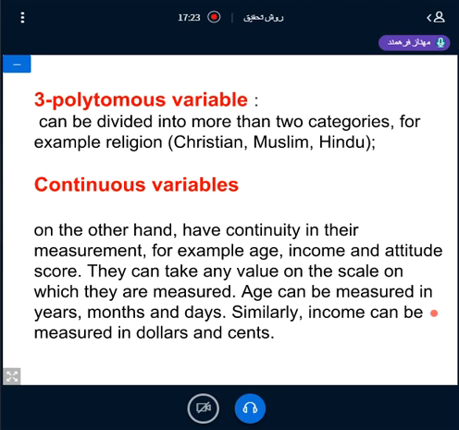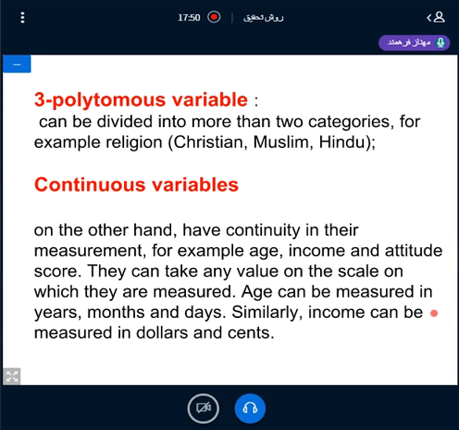A common example is attitude score; score is a measurement. They can take any value on the scale on which they are measured. Age can be measured in years, months, and days.